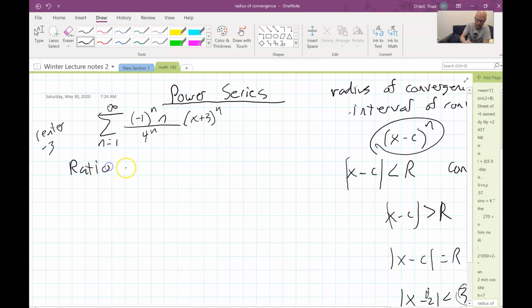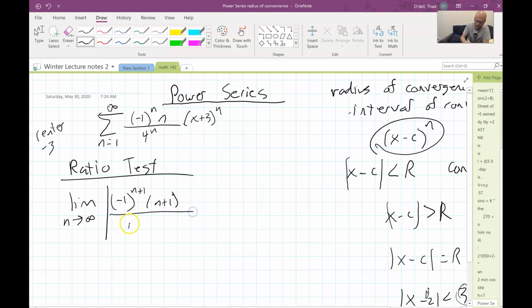And remember, we always say the name when we're doing it. Ratio test. So that means I have to take the limit as n approaches infinity of the absolute value of -1 to the n plus 1 times n plus 1 all over 4 to the n plus 1 times x plus 3 to the n plus 1, and then we're going to divide by a sub n, which means I'm going to flip it over and multiply.